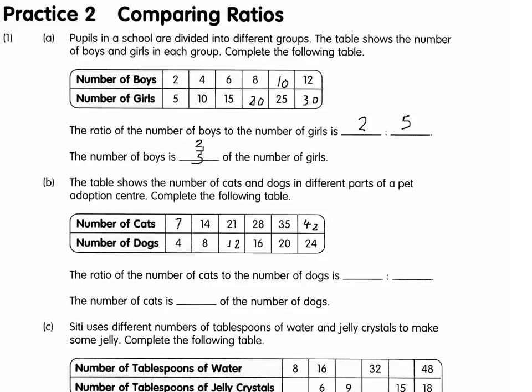Okay, and then the number of cats is what of the number of dogs, Kaden? 7/4. Anyone has any problem so far? Okay, let's look at the next question.